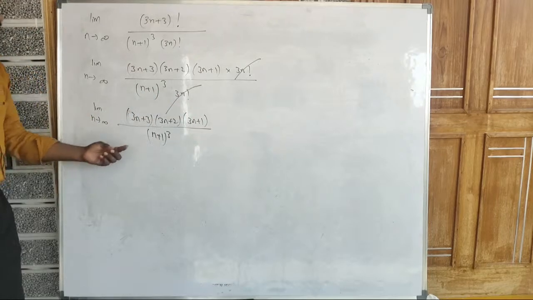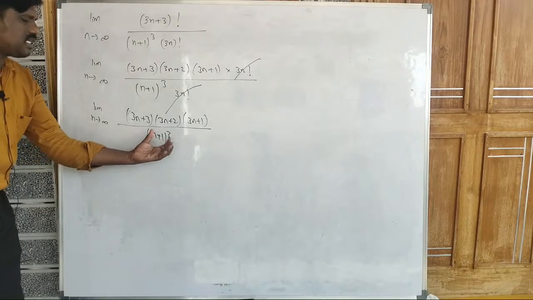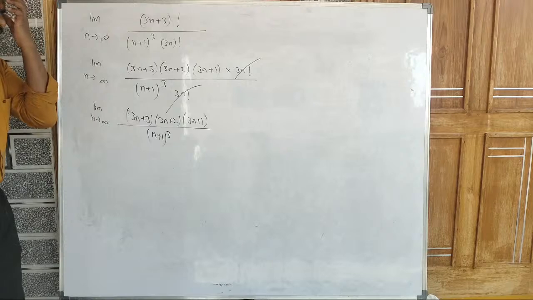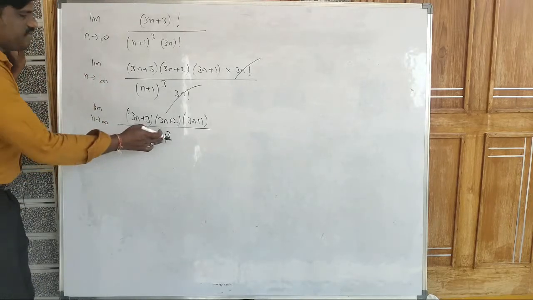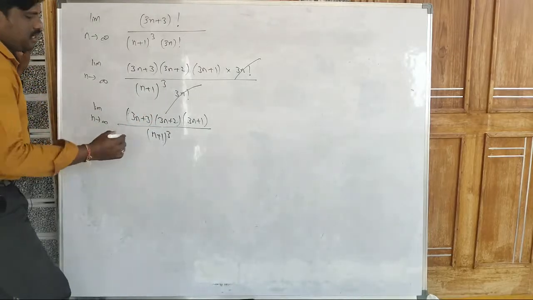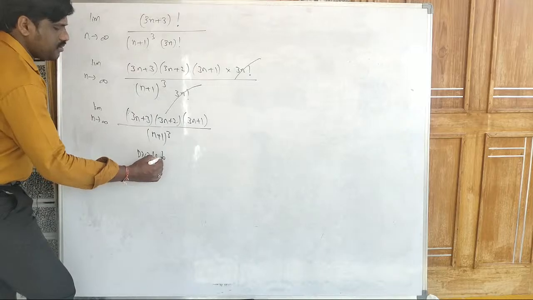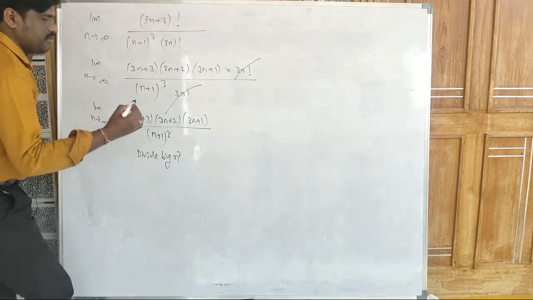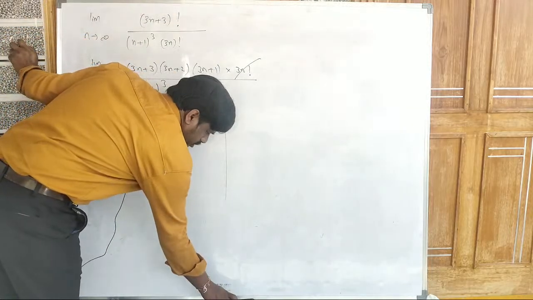And here also n plus 1 whole cube, if I open this, I will get n cube. So the highest degree is n cube, so I can divide by n cube on both sides. Now I can divide by n cube. Did you understand? Are you all able to understand this?